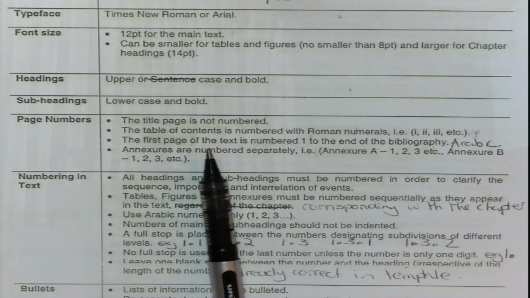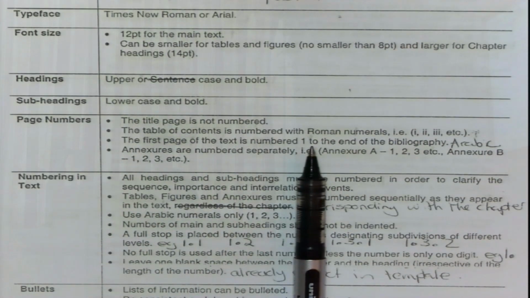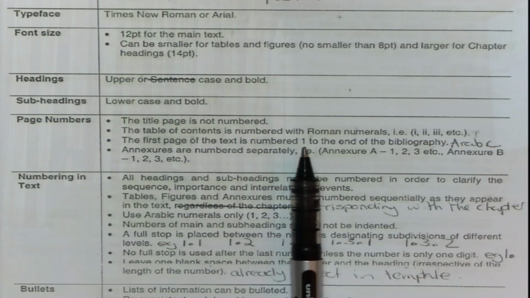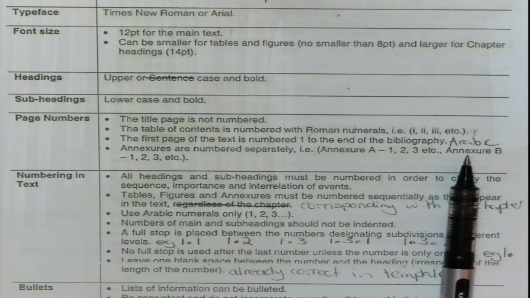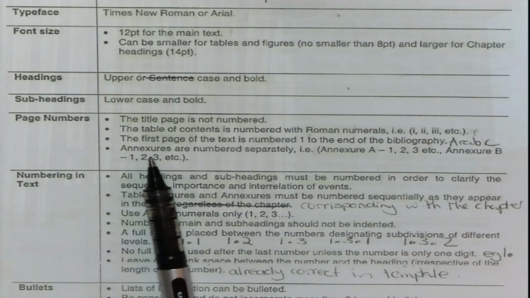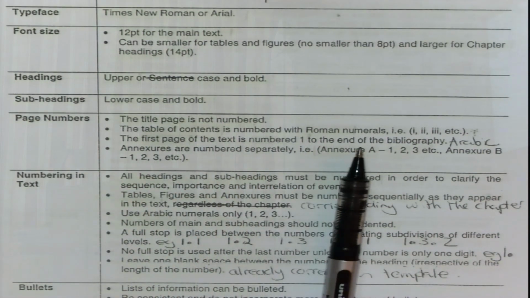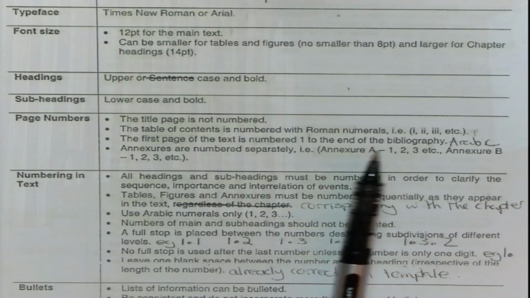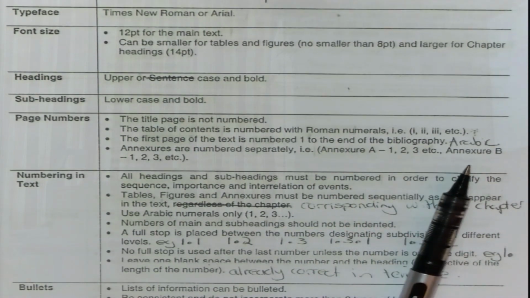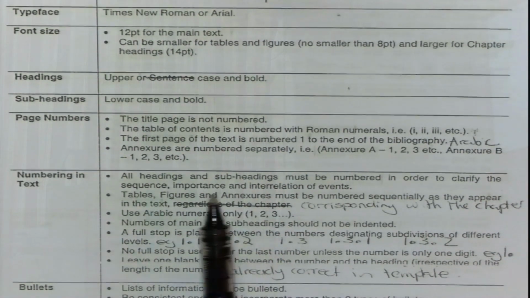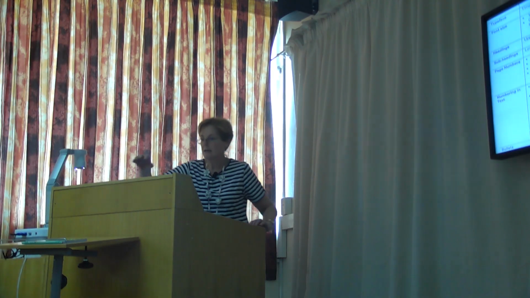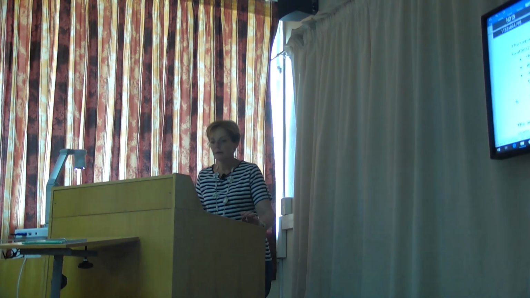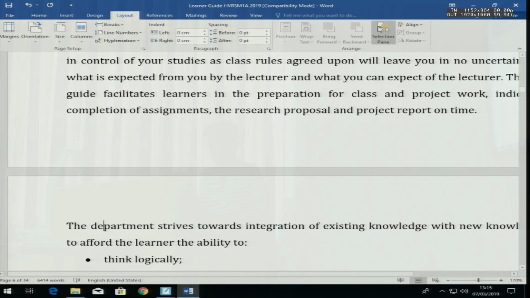The first page of the text is number 1, and we call that the Arabic numbering system. If you have annexures, which we will not use this year, you can mark them A, B and C, or 1, 2. I'm going to show you my learner guide again on the computer because that gives you a nice example.